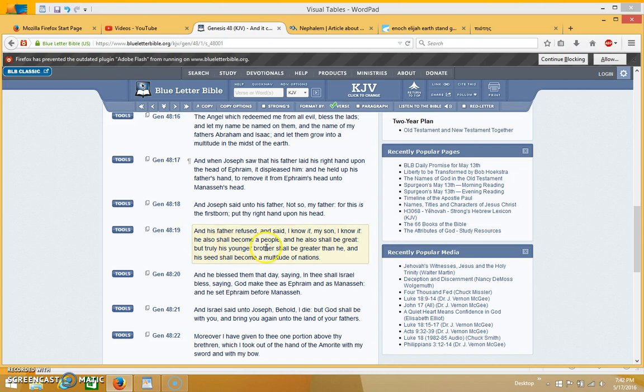He also shall be a people, and he also shall be great. But truly his younger brother shall be greater than he, and his seed shall become a multitude of nations." So it's talking about his seed becoming a multitude of nations. So Ephraim represents the Gentiles, and the blessing was given to him first.